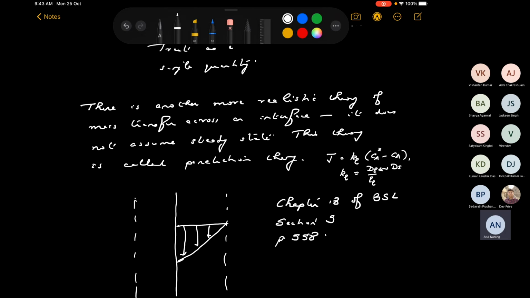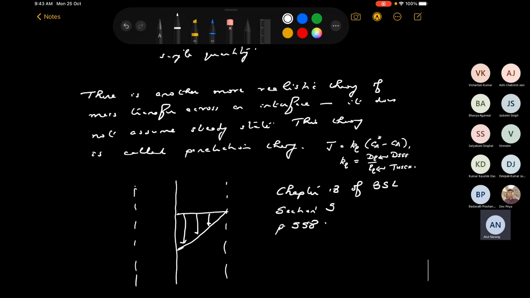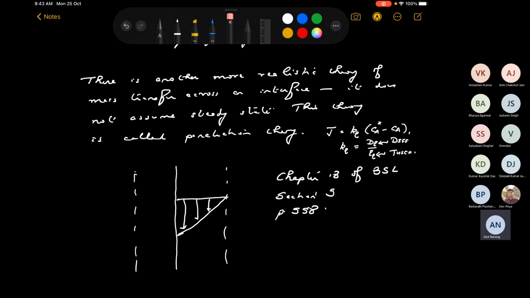This is the diffusion coefficient, and this is the film thickness, the thickness of the film on the liquid side. The reason I mention this is that in chapter 18 of BSL there is the penetration theory, which is more accurate.